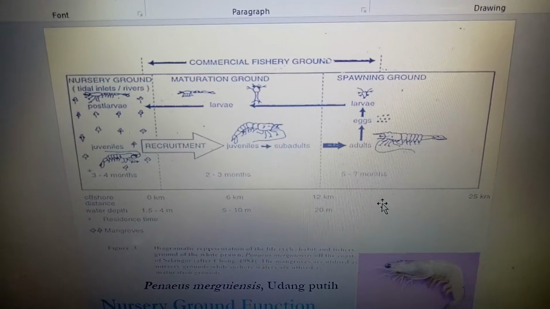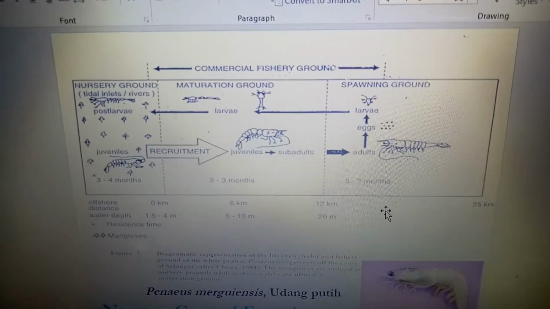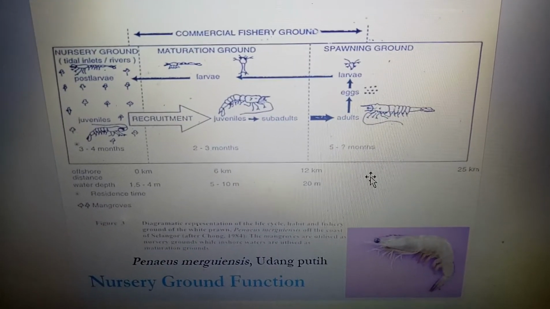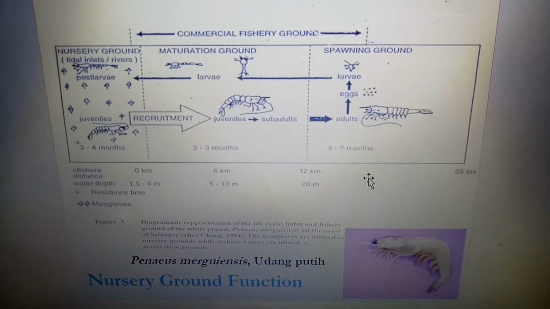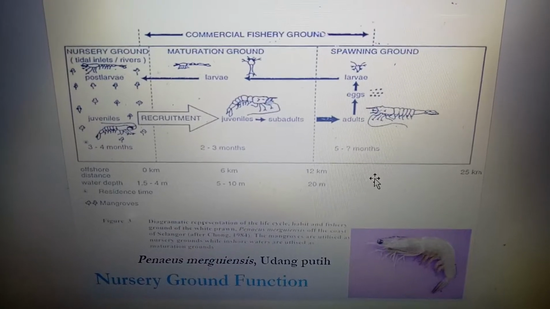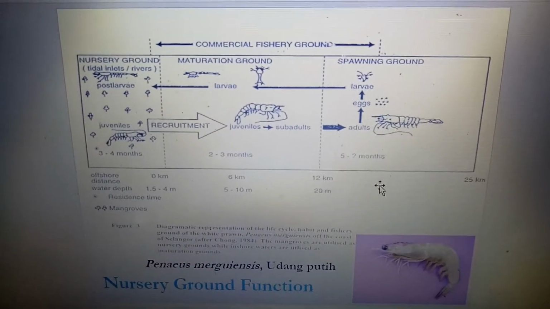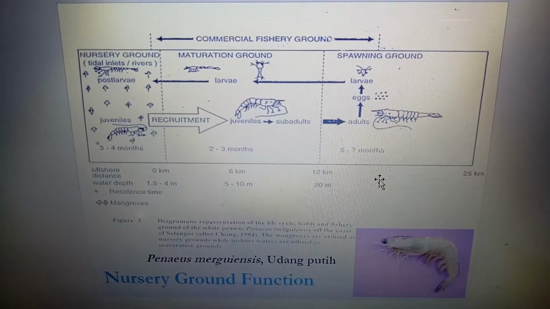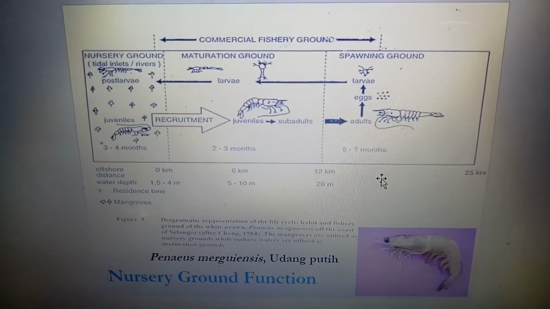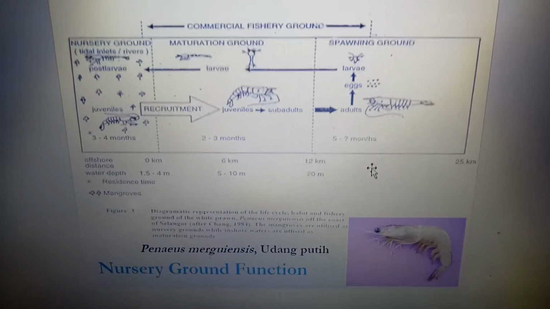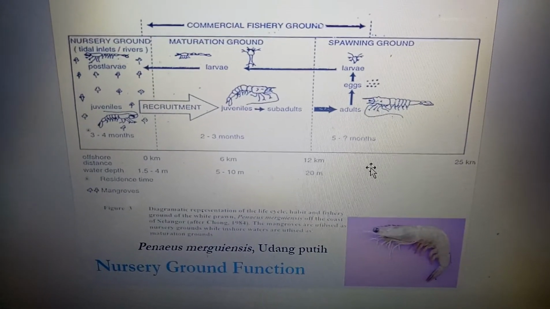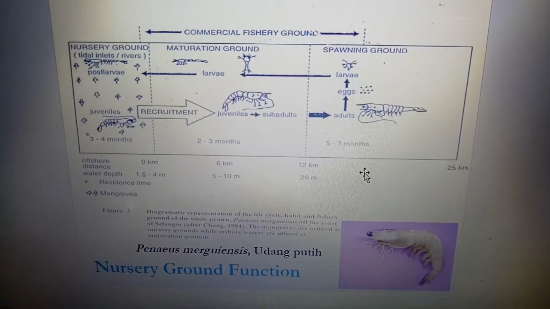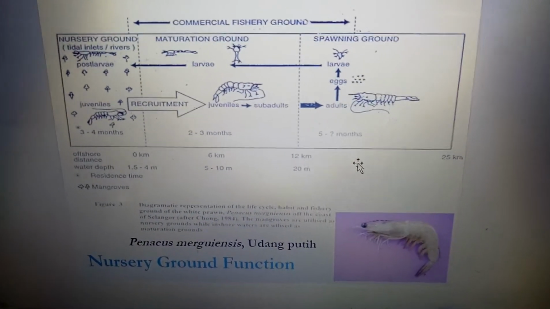During this period, they reproduce. They will mate and produce eggs, and the larvae will swim back to the maturation ground, and lastly arrive at the nursery ground to grow in this type of area, and the process continues like that.